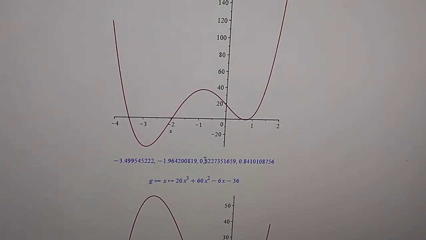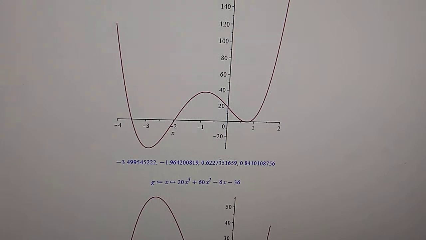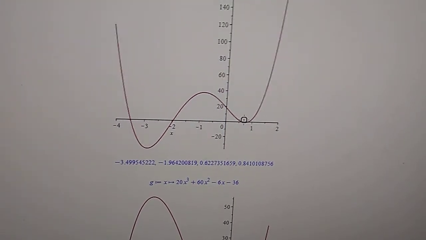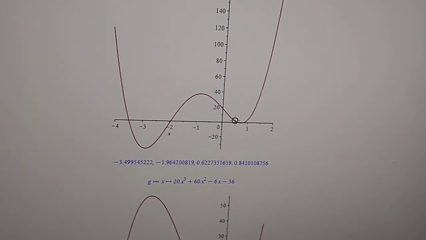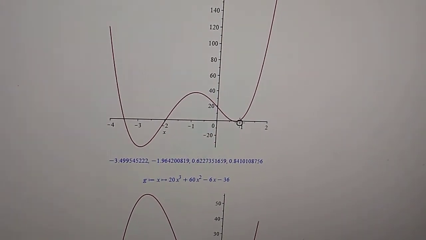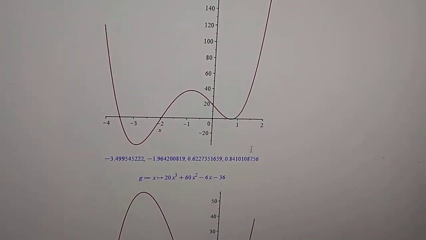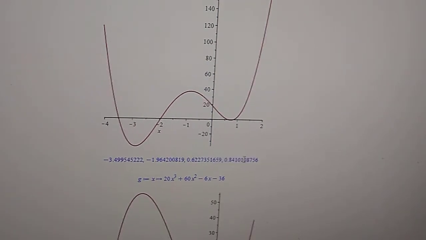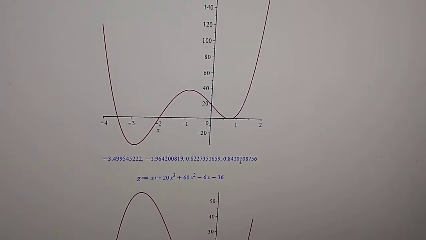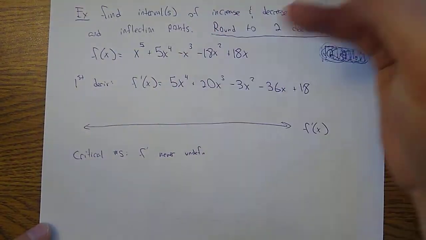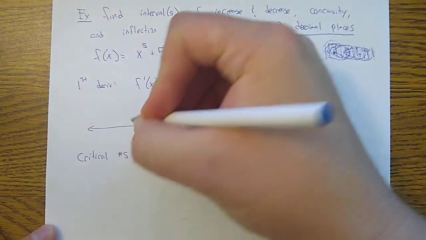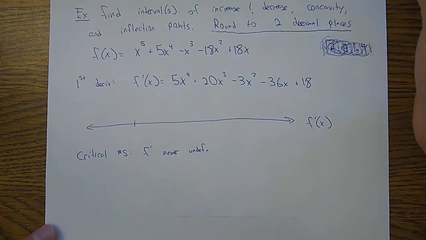And then there's these two numbers, about 0.6 and about 0.8, and that would be the 2 points where it crosses here, because it looks like it goes just barely below the x-axis, and then it goes back up. So that would be these 2 points. Those are the points that I want to mark, and I'm rounding everything to 2 decimal places.